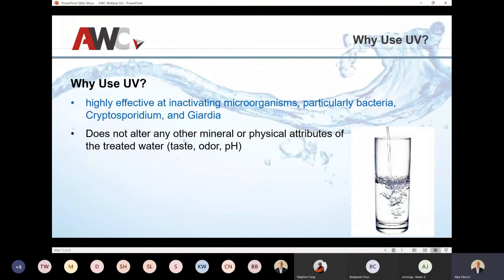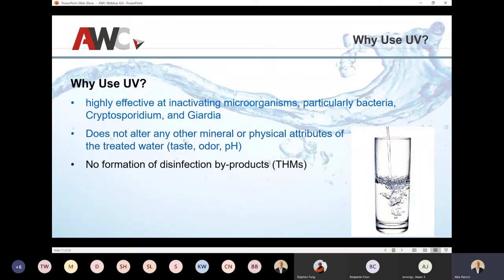When we're using UV, you can go right through the shell and penetrate it without needing that contact time that you would require for chlorine disinfection. Another big advantage, of course, is that it doesn't change the physical attributes of water. So the water is going to taste good. If it was coming in good, it's going to come out tasting good. Again, if the water wasn't tasting good ahead of time, it's not going to taste any better after. So UV does not add or remove anything from the water.